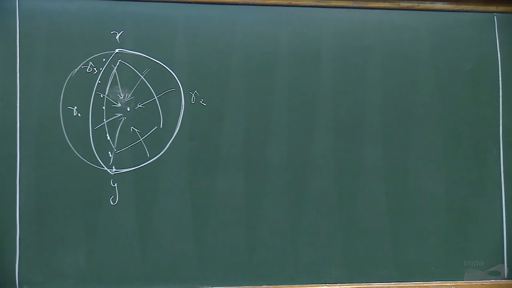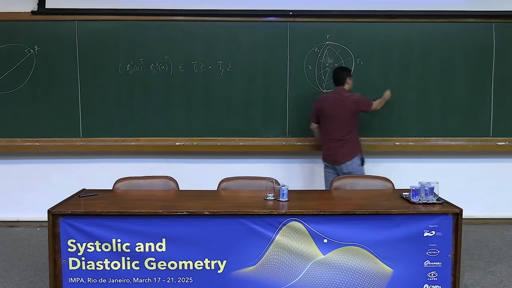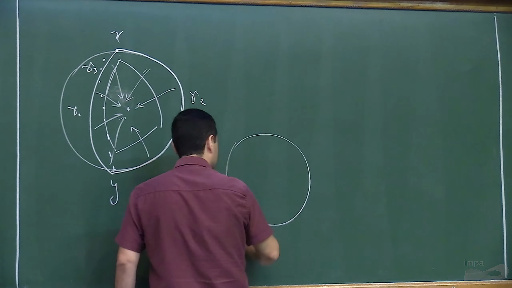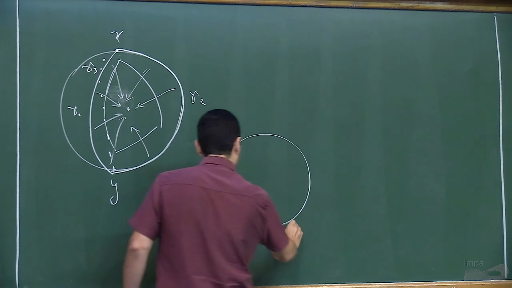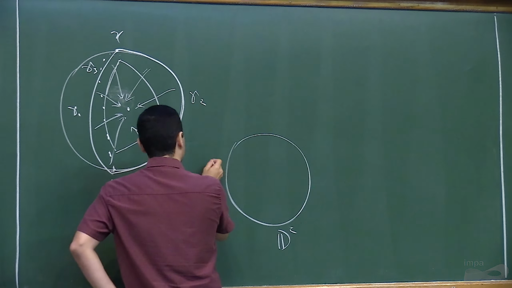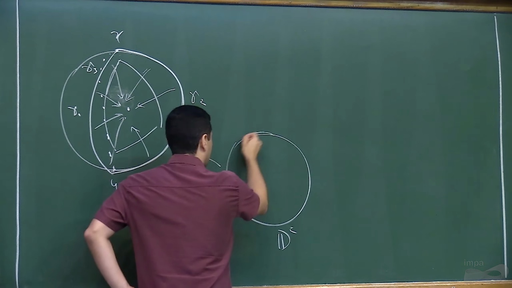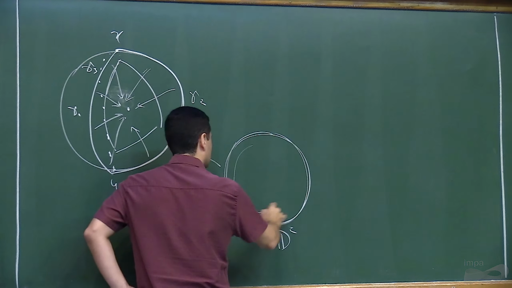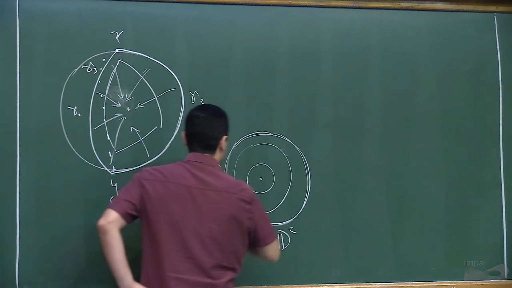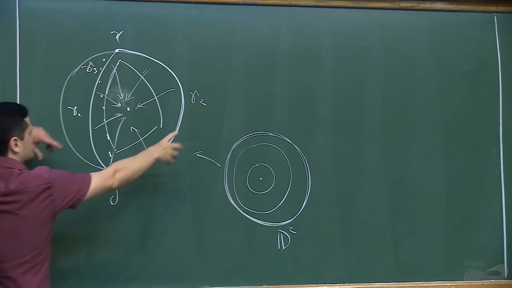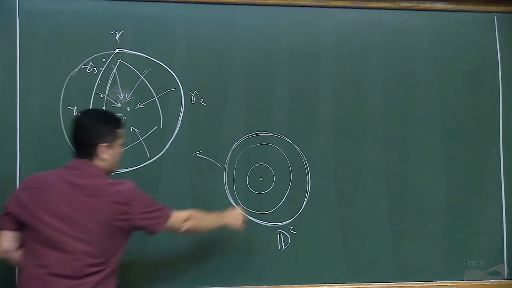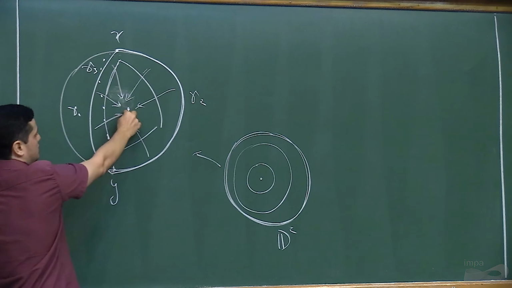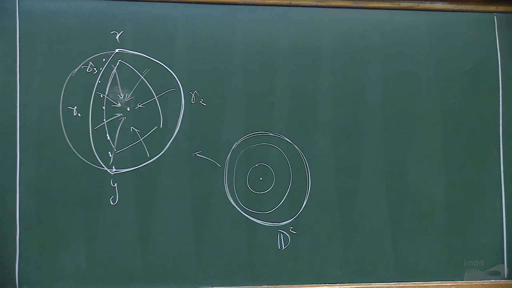So for each one of these regions, it's like you have a map from a disk to this region, mapping the circles to these curves of controlled length, and this point is just the final point of the Birkhoff process, right?